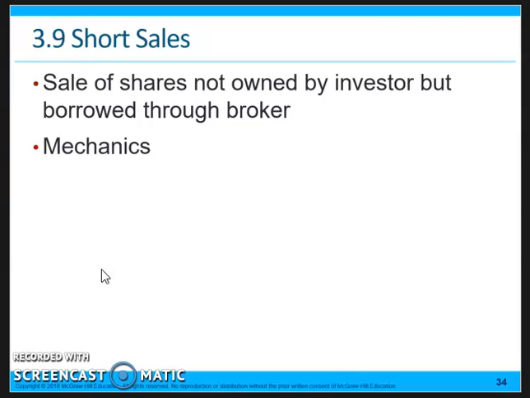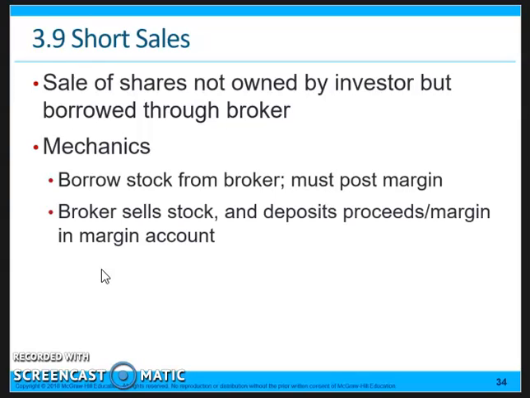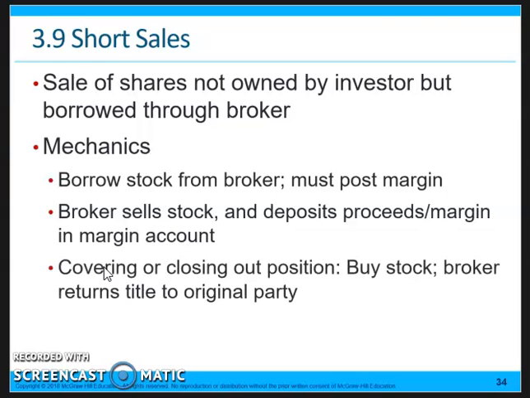So the mechanics: you borrow stock from a broker and post margin. The broker sells the stock and deposits those proceeds into a margin account, and your margin is typically 50% of the sale proceeds. So if the proceeds of the sale are $10,000, you're going to post $5,000 with a 50% initial margin requirement.